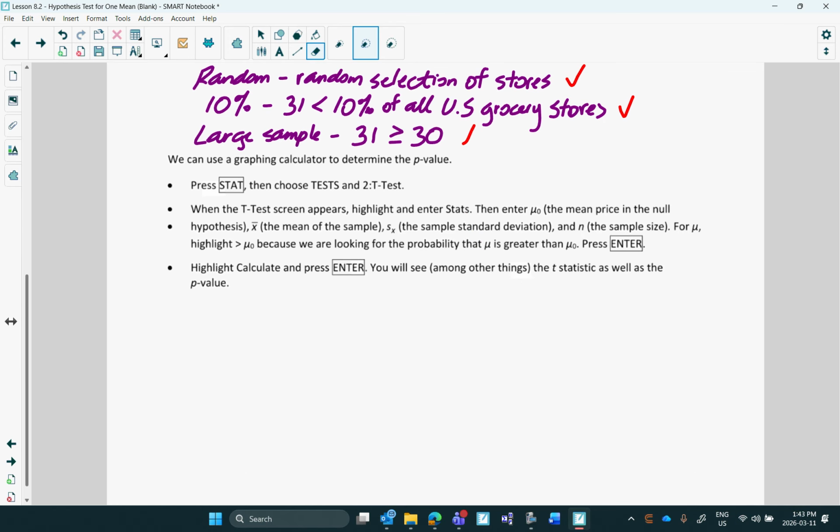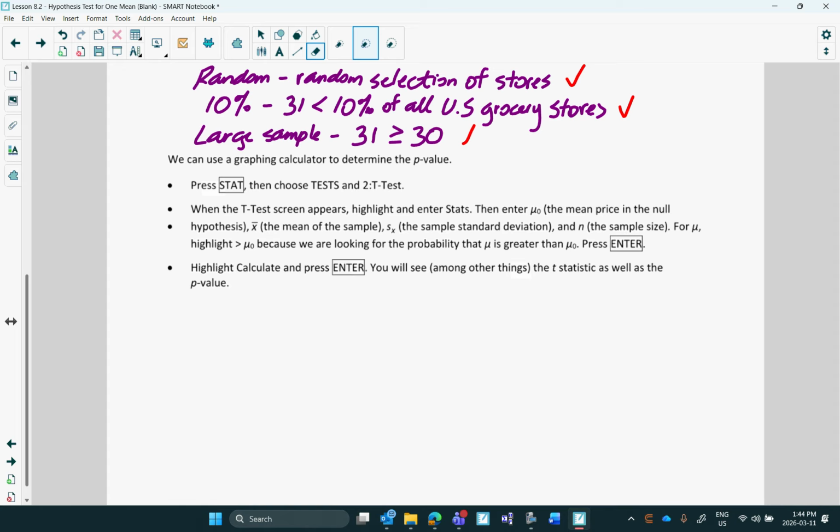And what are we going to do for this one? 2 t-tests in your graphing calculator under tests. Okay? So when you go to your graphing calculator, we go to tests, we go to t-test, we're going to enter stats, and now we enter everything that it asks of us, right?